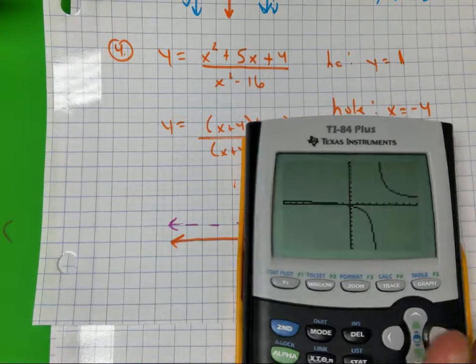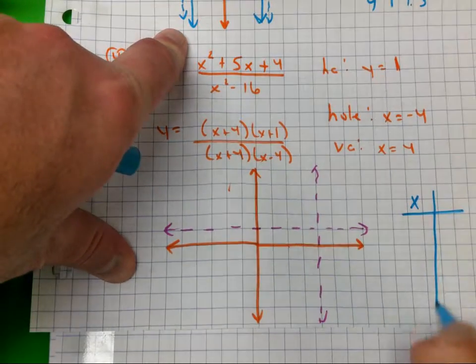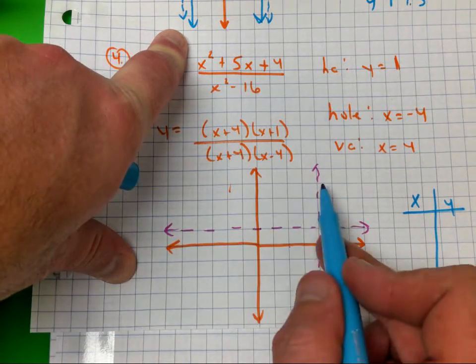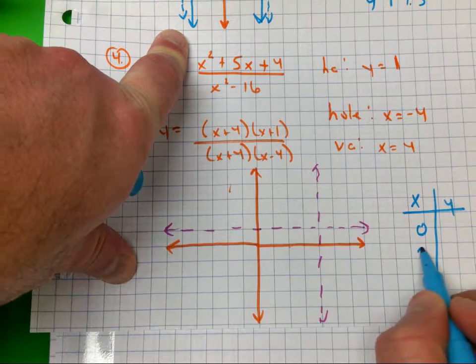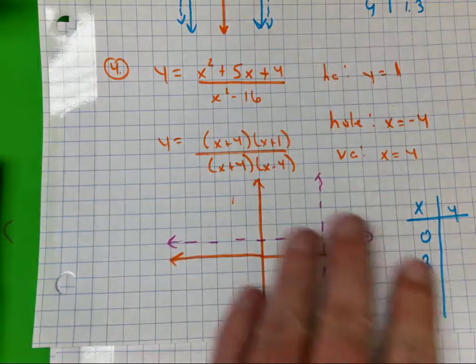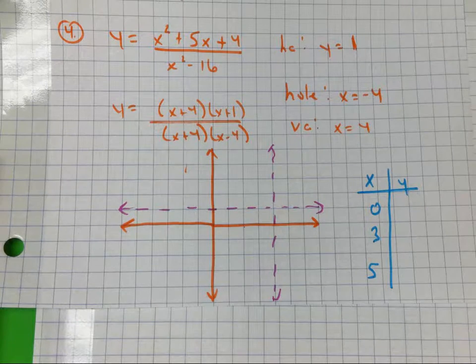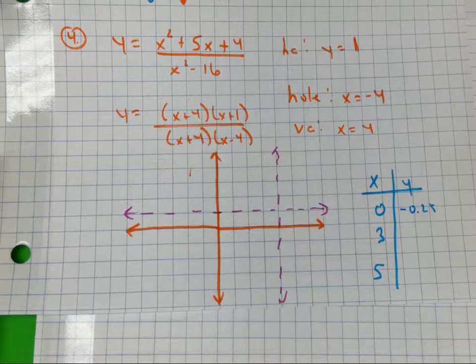So, now I'm going to make a table. Remember, you pick a point to the left and right of the vertical asymptote and always include 0. So I'm going to put 0, that's going to be left of this, 3 and 5, and that's all I'm going to need to choose for this. Now I'm going to plug that back in the original, plug 0 back in there. That's going to give me negative 0.25.